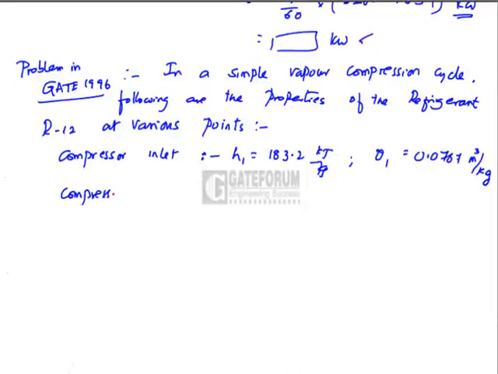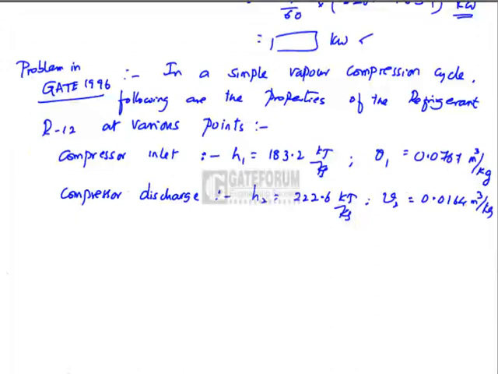Compressor discharge, H2 is equal to 222.6 kilojoule per kg. Specific volume at 2, V2, is 0.0164 meter cube per kg.